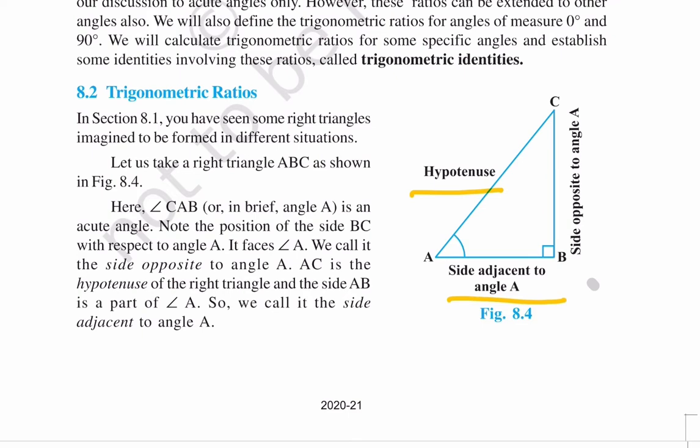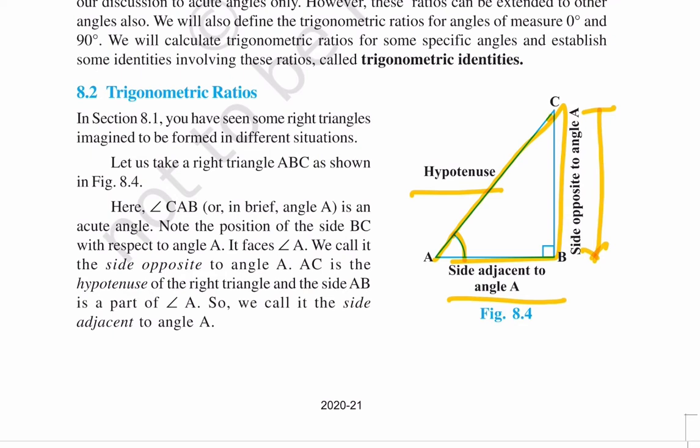We can define this by considering the sides. Let us consider this triangle ABC, and we are taking the angle A. Sine of angle A is given by the length of the side opposite to angle A, that is normal, to the hypotenuse, right?